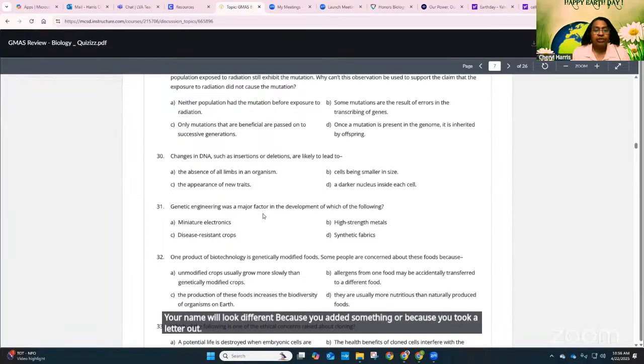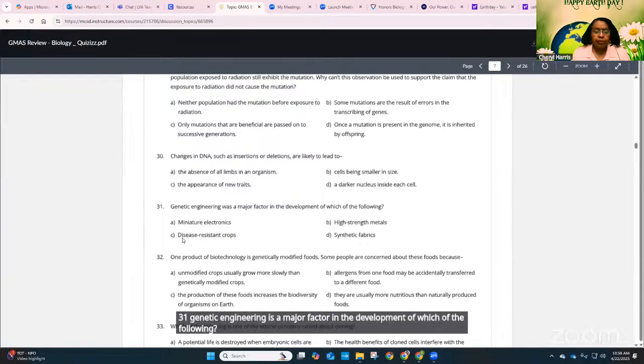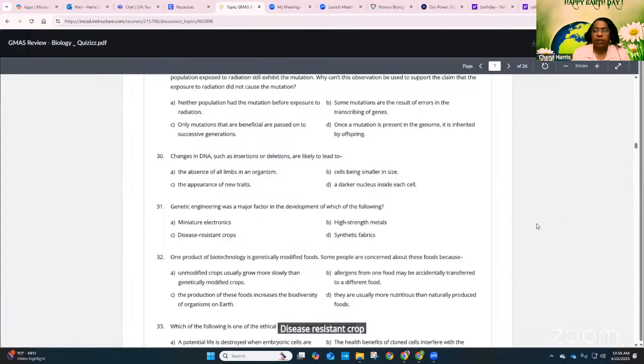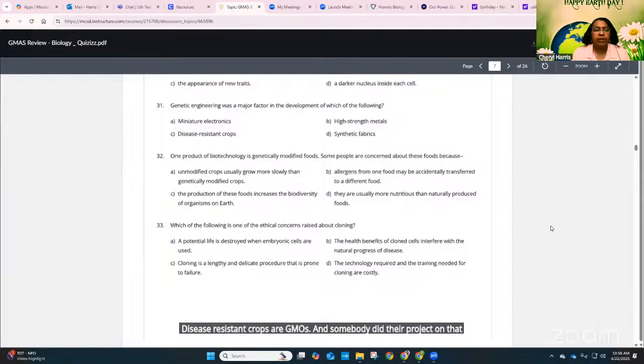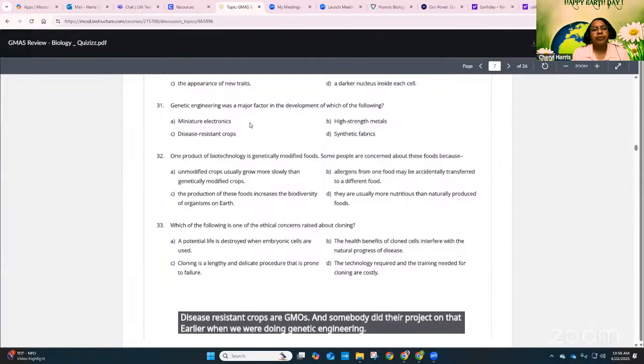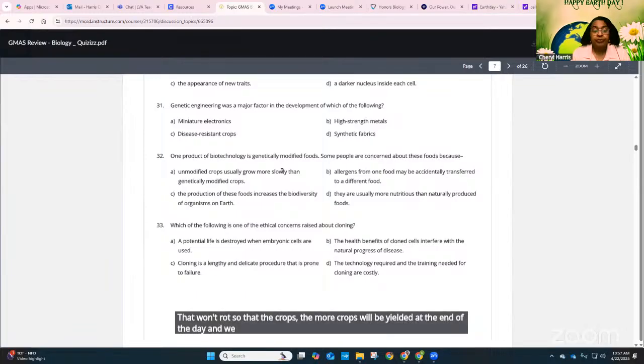31, genetic engineering is a major factor in the development of which of the following? Disease-resistant crops are GMOs. And somebody did their project on that earlier when we were doing genetic engineering. That's why they do it. They want to create crops that the bugs don't like, that won't rot, so that more crops will be yielded at the end of the day and we can feed more people.